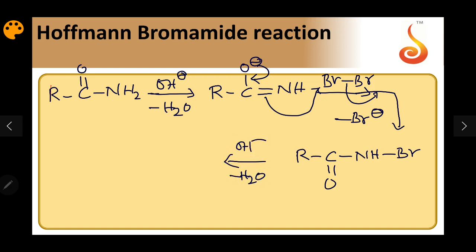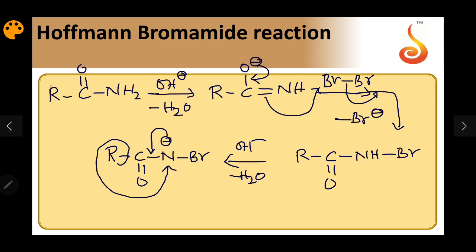So I'll get RC double bond O N minus Br. This intermediate will make the group shift. So a negative charge from nitrogen will go to this C double bond N. The alkyl group shifts intramolecularly to knock out the Br minus. So I'll get the compound called isocyanate.